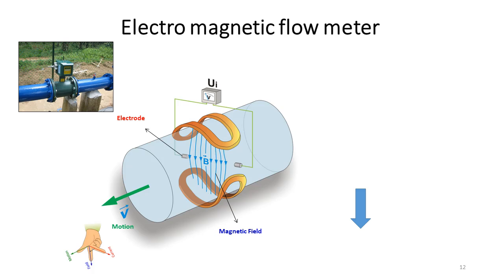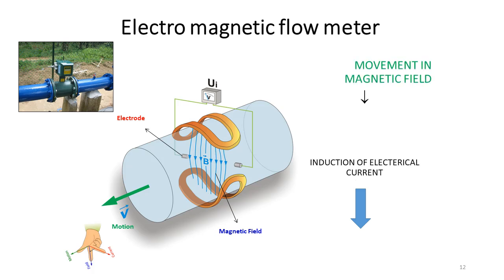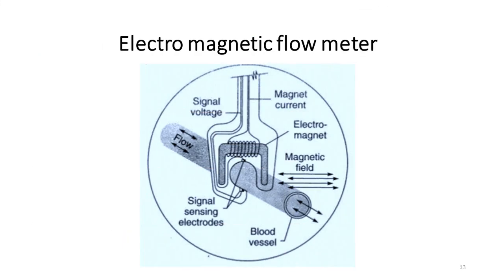In the electromagnetic flow meter, the vessel is placed under a magnetic field, and the movement of blood can produce voltage, and by finding the voltage we can find the blood flow in the vessel. So movement in a magnetic field can induce electrical current, and we record this current by a receiver, and finally we can find the flow.